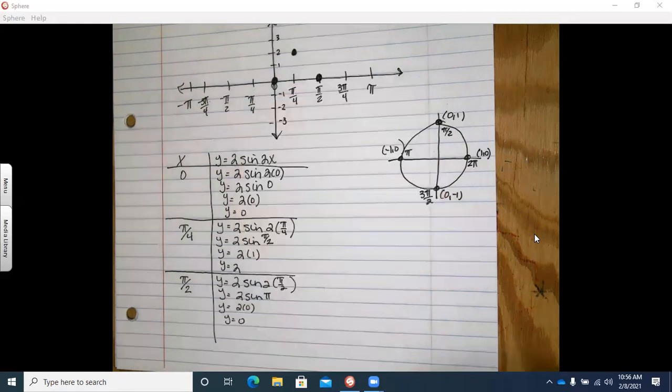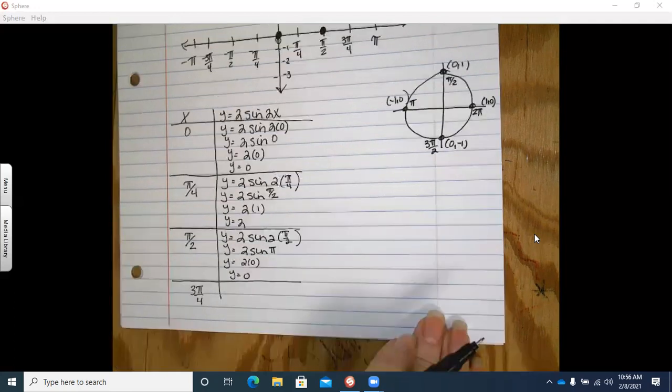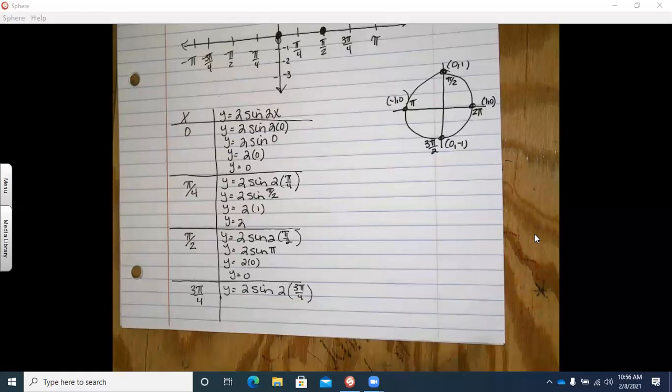Next, we will do when x is 3/4 pi. So we have y equals 2 times the sine of 2 times 3/4 pi. What is 2 times 3/4 pi?